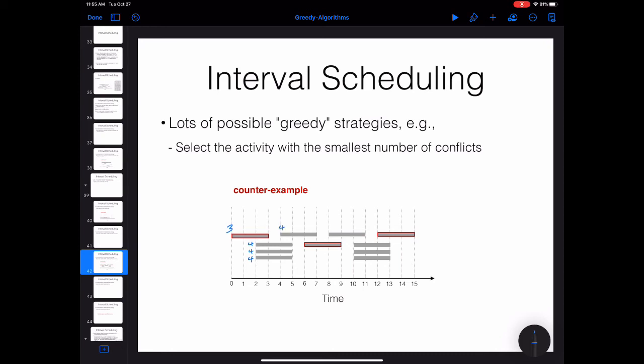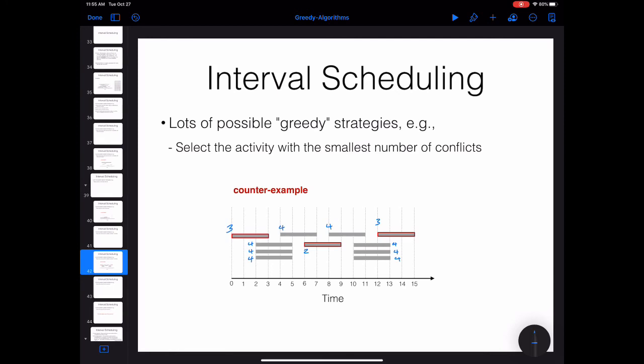This one is going to have 4 conflicts. This one is going to have 2 conflicts. Again, this one is going to have 4 conflicts, 4, 4, and this one has 3 conflicts. So after I have calculated the conflicts for all the jobs, now I can apply the strategy.